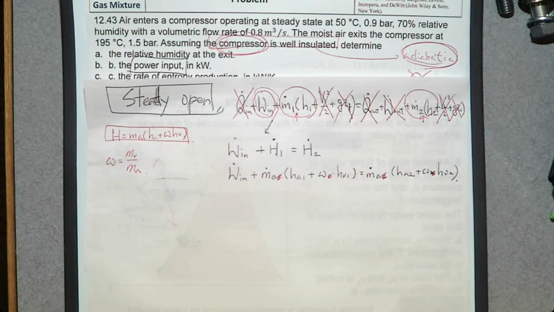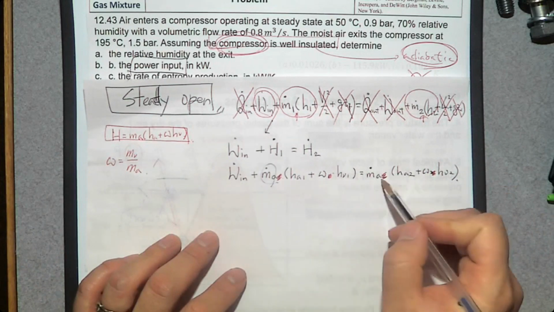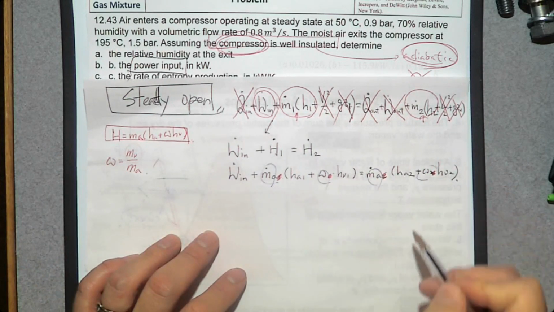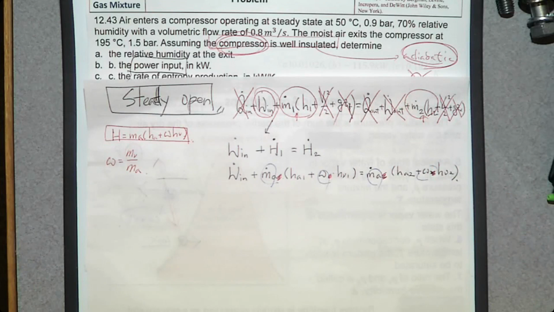So now we can simplify this equation because this one is the same, and this one is the same. So why don't we move this one to the right-hand side?